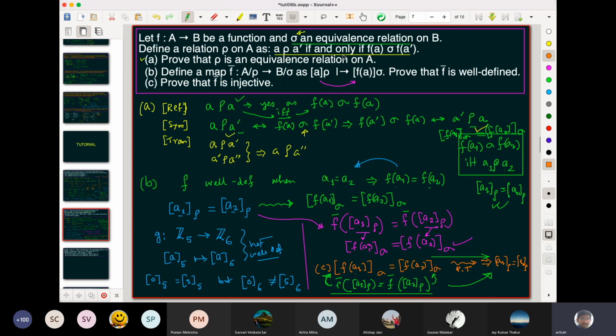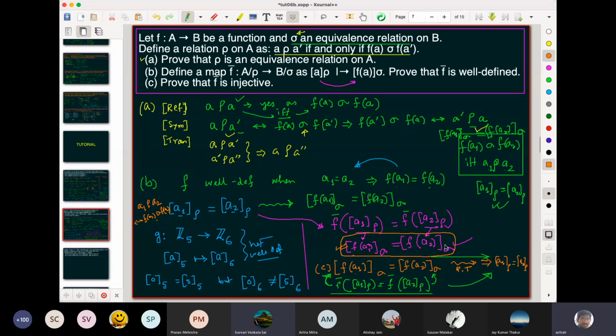What I said is that in the same relation, A1 rho A2, right? If and only if A1 sigma FA2, right? Now, if this happens, then this part will also happen. Agreed?